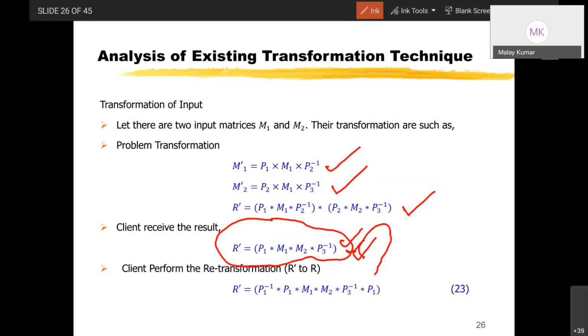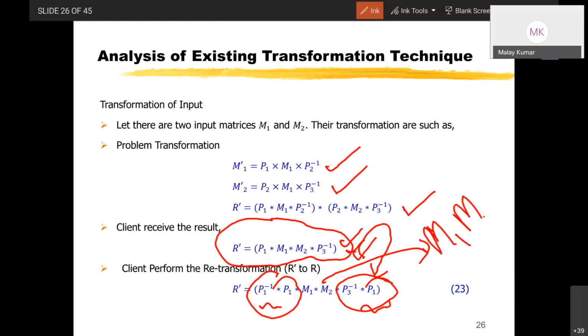This result is returned back to the client, and the client performs a computation so that these two values are cancelled out, and in this way it gets the result of M1 and M2. So M1 M2 is performed over the cloud system.